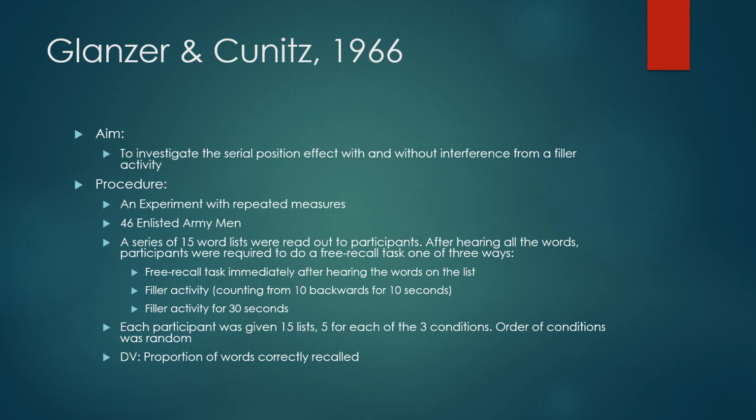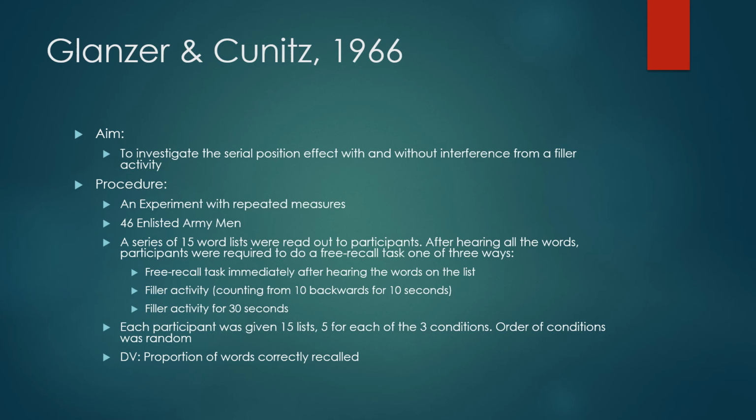A filler activity in this case is an activity that interferes between you reading the list and you recalling the list, to try and get you to take your mind off of the list itself and not just repeat it in your mind and spit it back that way.